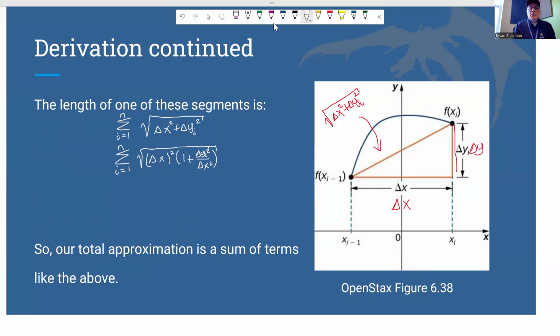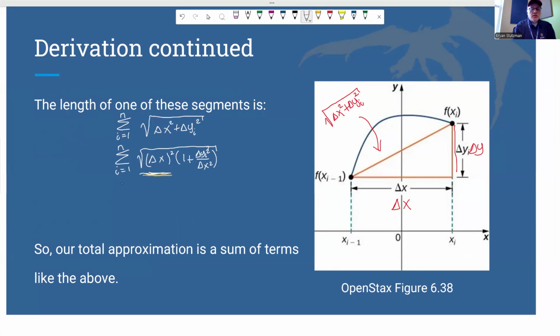These are the same if we distribute. The first piece, I'm going to factor out. If I take the square root of something squared, as long as they're all positive, it's just going to be delta x.